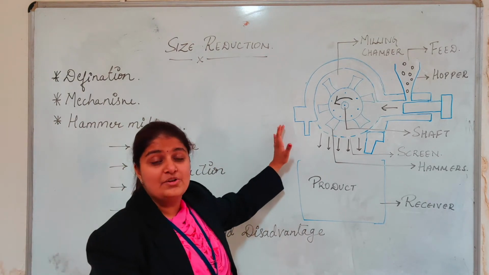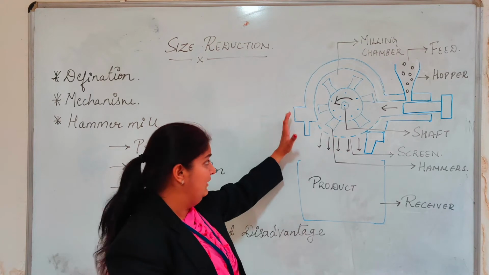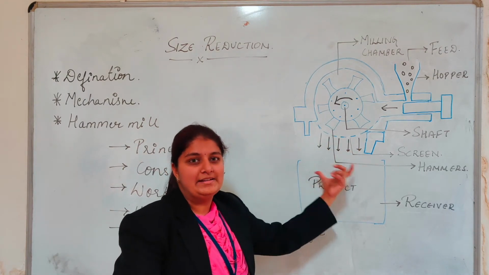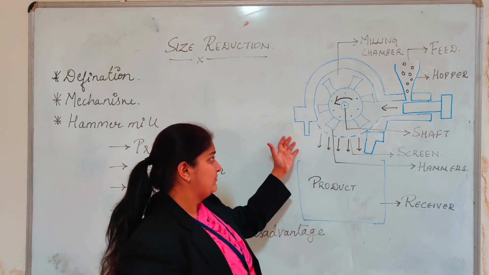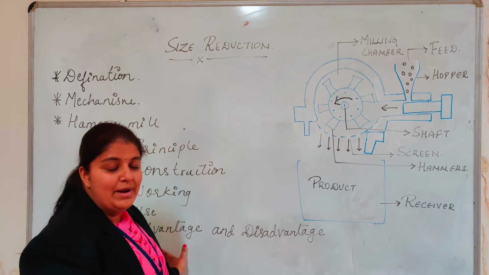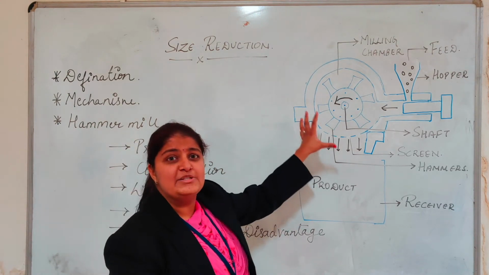Coming to the uses of a hammer mill, we usually get fine to coarse particles in a hammer mill. As I mentioned, the sieves are interchangeable based on the particle size we require. Then we have different advantages and disadvantages. Coming to the advantages, as you can see, the setup is very simple.